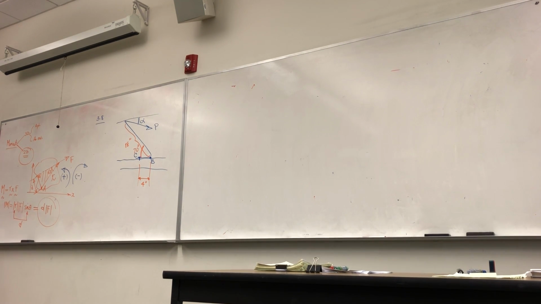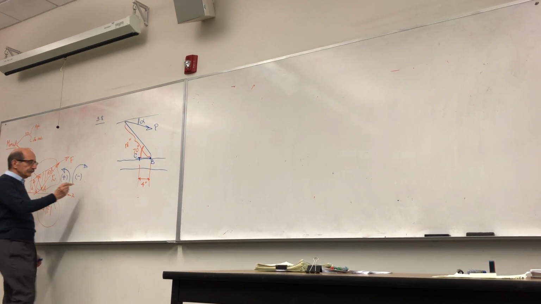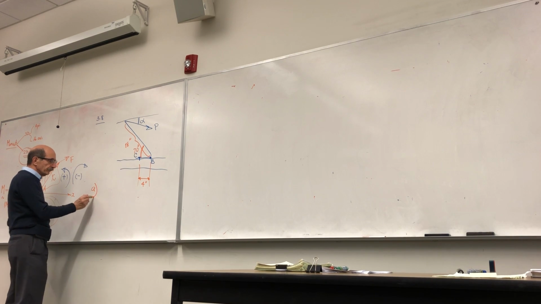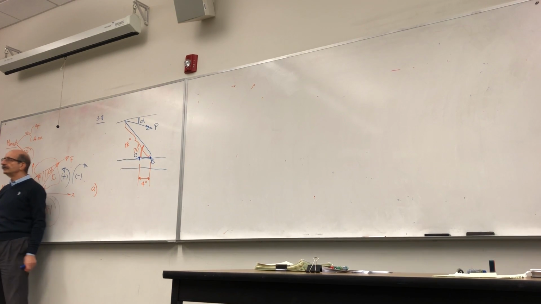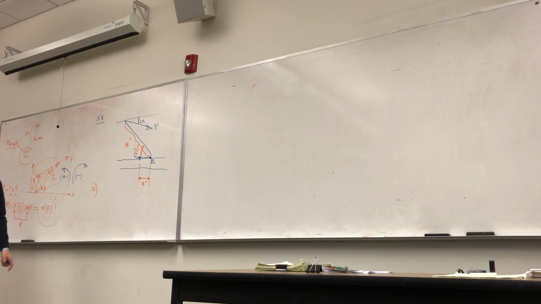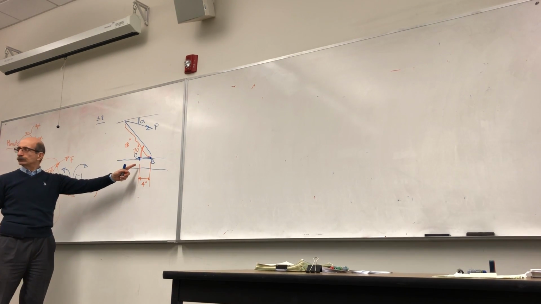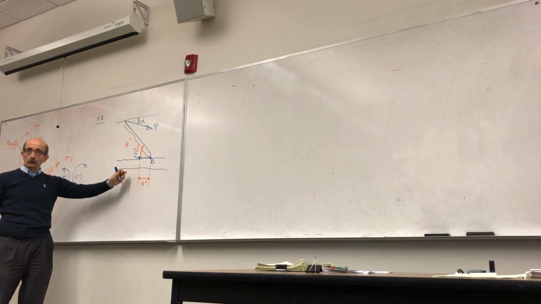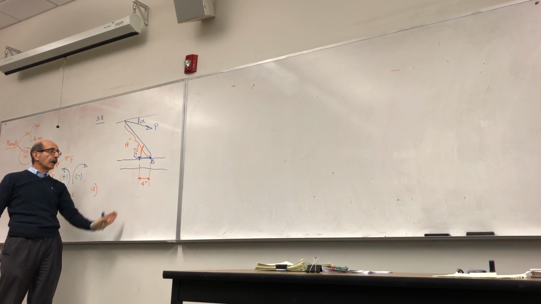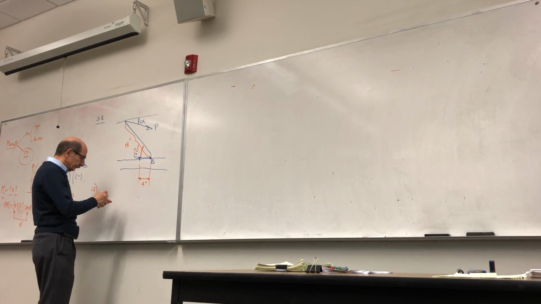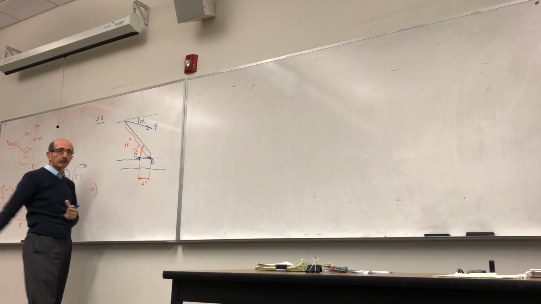The problem has three parts. In part A, as the problem states, a force of 200 pounds is required to pull this nail out of this piece of timber.